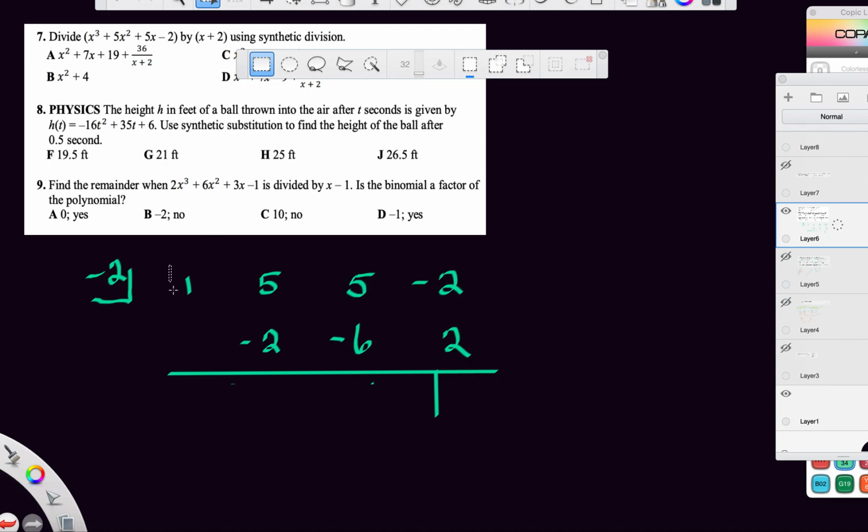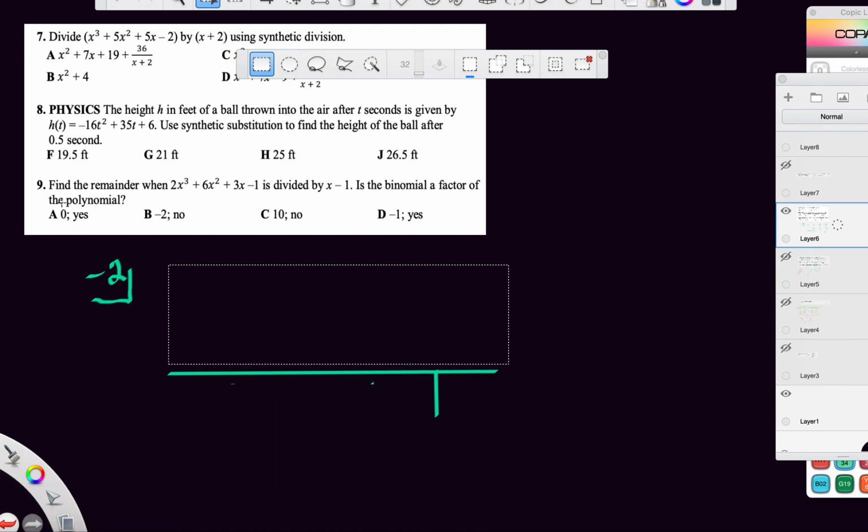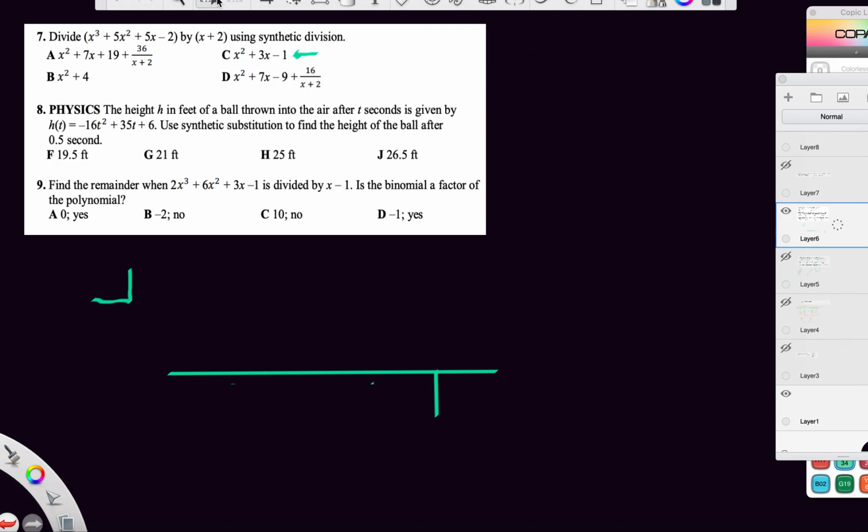And there. One last thing to erase. I should just use my eraser function on the pen, but I'm not that smart. Okay. So let me get rid of this. Get rid of this. Get rid of this.